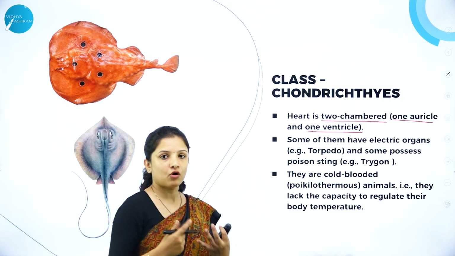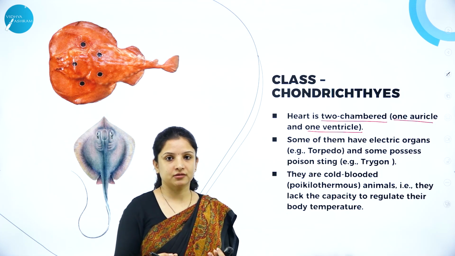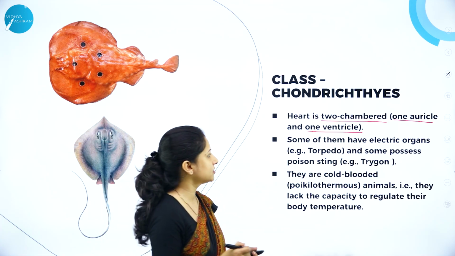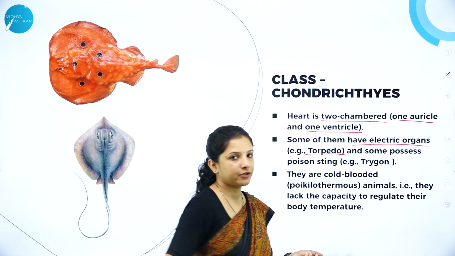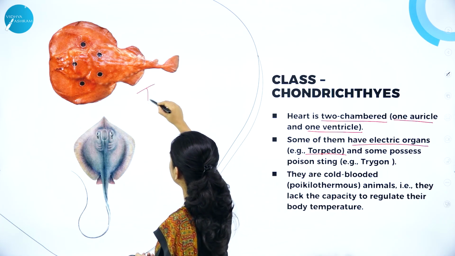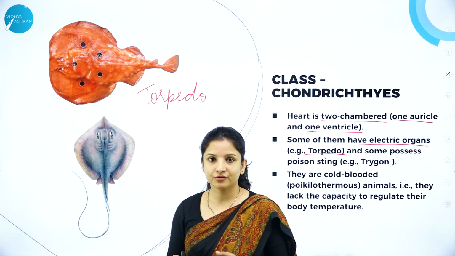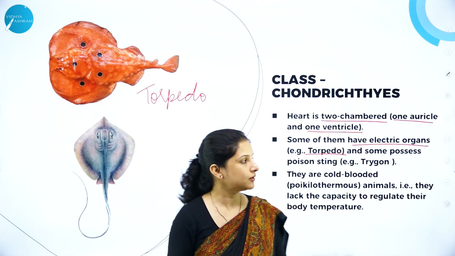And some of the chondrichthyes, they have some defense structures in them in order to protect themselves from other predaceous animals. So some of them have electric organs, for example torpedo. So this is torpedo. They have electric organs which gives a shock when it is touched, so that human beings and all that don't dare to go near them.